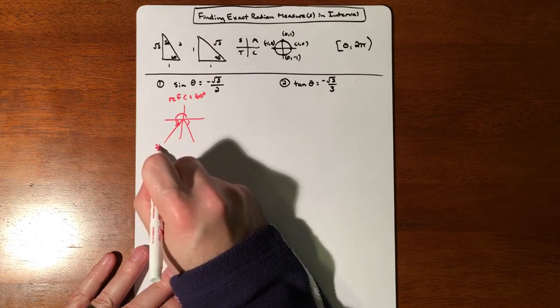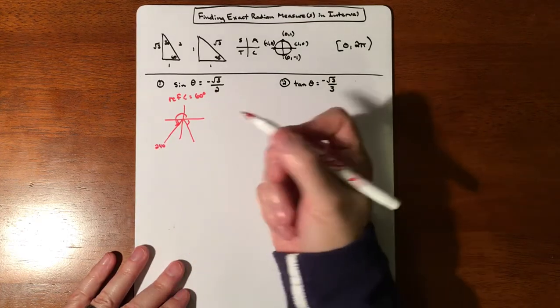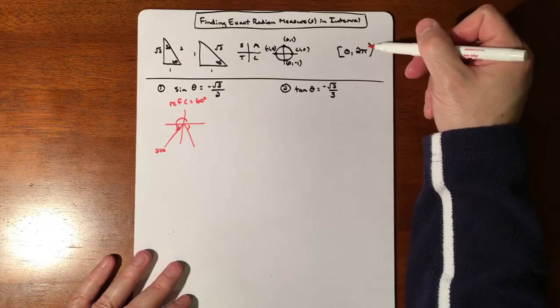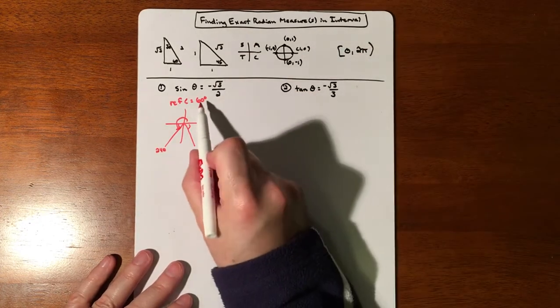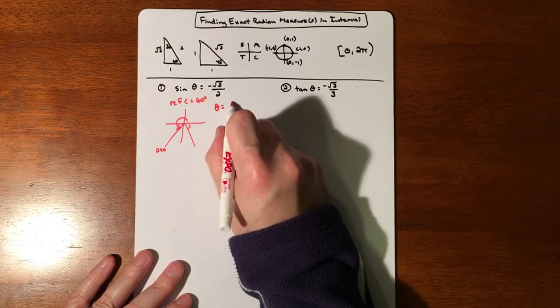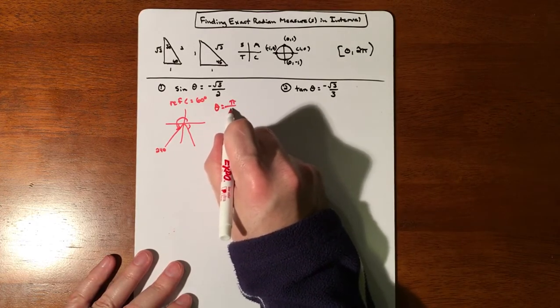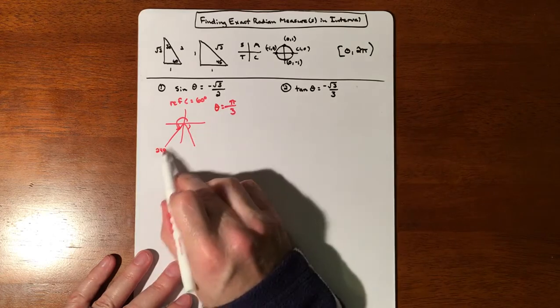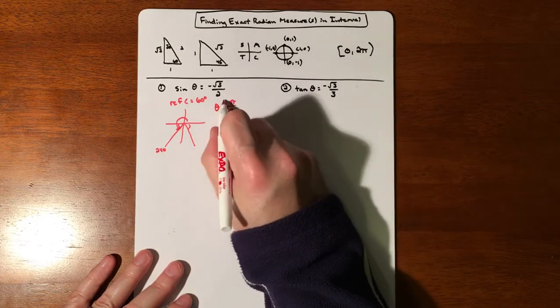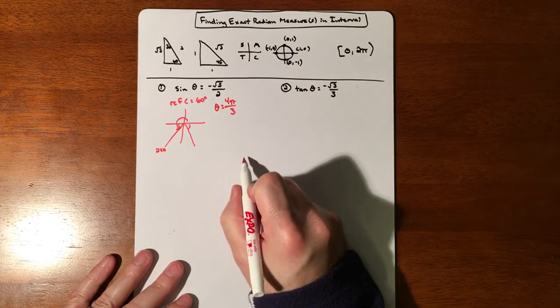I'm looking at 240. But notice your interval is 0 to 2 pi, so we want it in radians. If we're talking about a bunch of 60s, that means we are talking about a bunch of pi over 3s. And how many 60s does it take to get to 240? That's going to be 4. So one of our answers is 4 pi over 3.